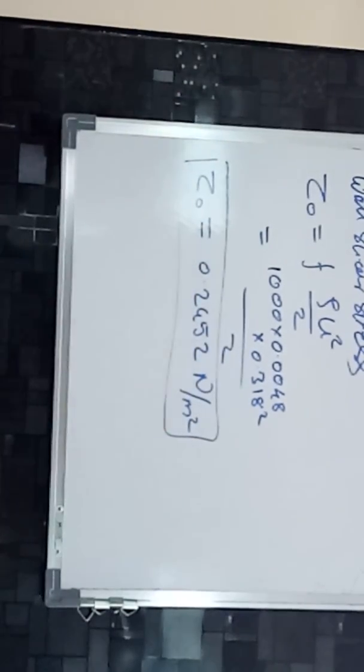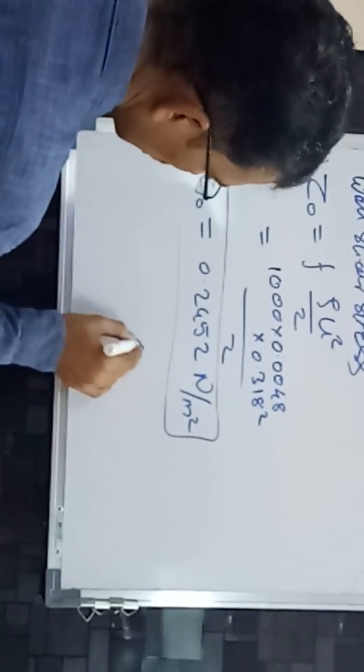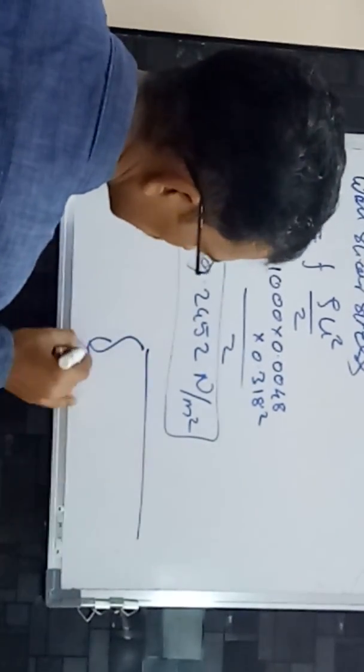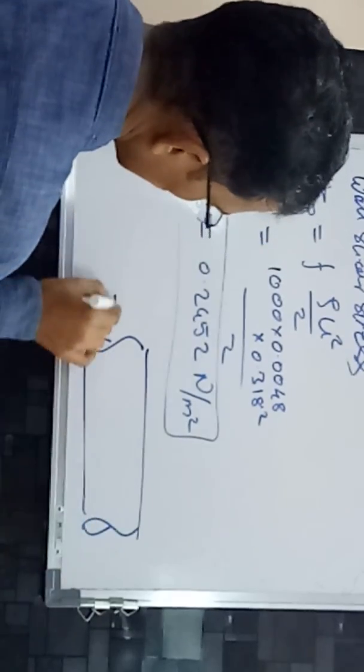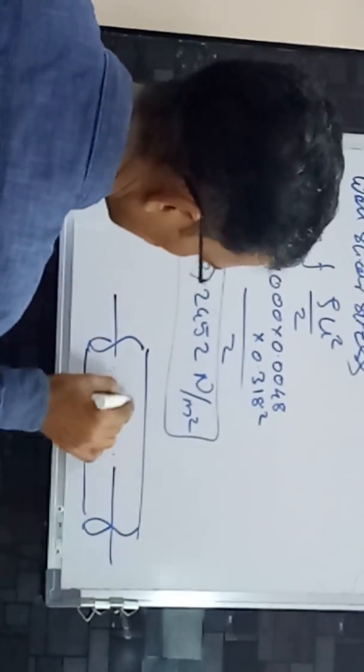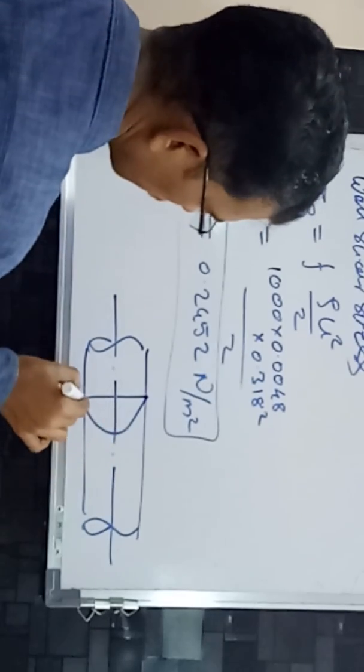This is what, tau 0. Okay. Now next, the centerline velocity. Now see here, the centerline velocity, it means what? This is our pipe. Now velocity distribution diagram.